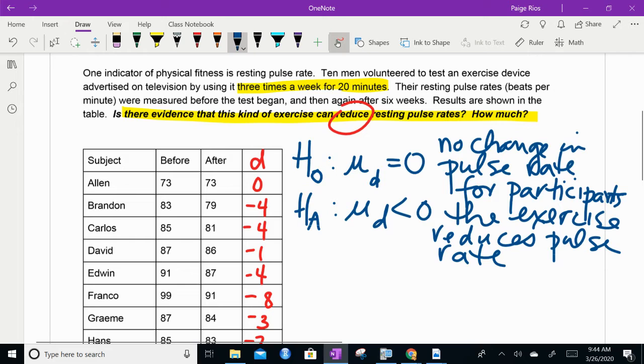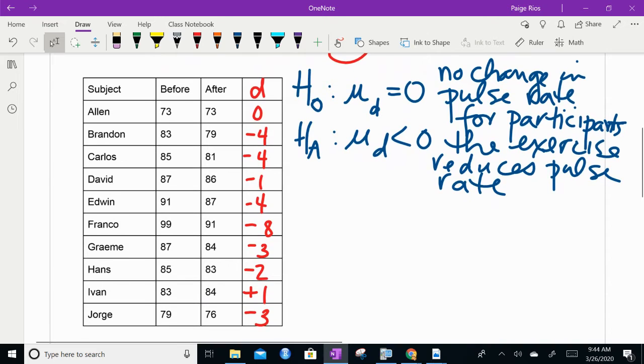Now I head into the conditions that I need to check. Okay, so for this one, you need to actually state that it's paired data, and you have to then check the other things for a t-test, and that would be that we have independence and that our differences are normal or approximately normal. So I'm going to say specifically, the data is paired.